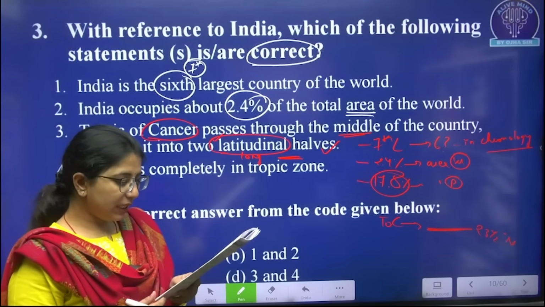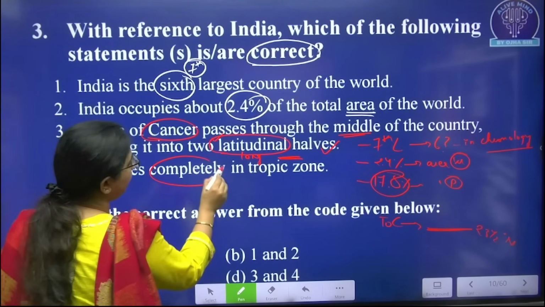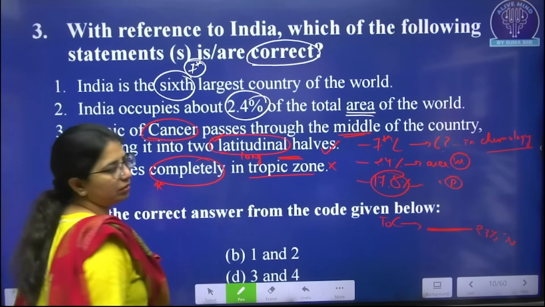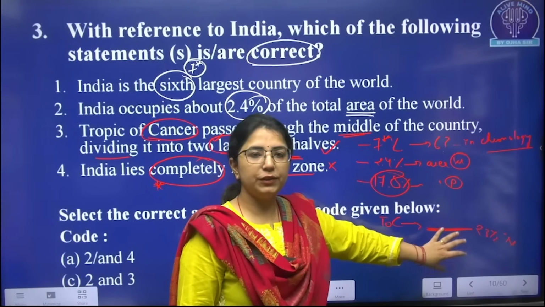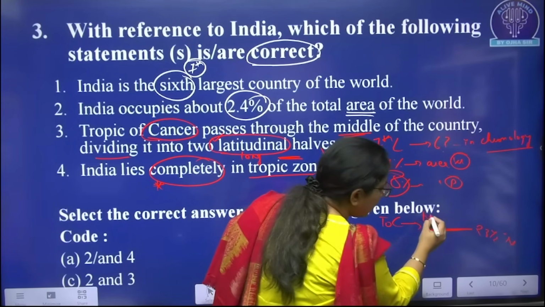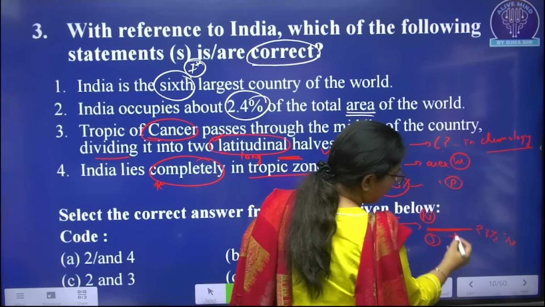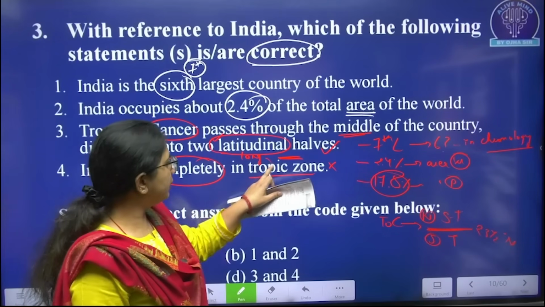Then the fourth is, India lies completely in the tropic zone. Completely. This is an extreme word. This is wrong. Tropic of Cancer is dividing India into 2 equal halves. That means this is the northern half and this is the southern half. Here the climate is tropical, here it is subtropical. It does not have only tropic.